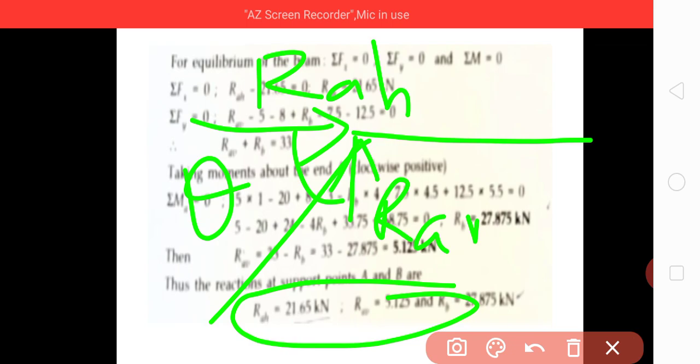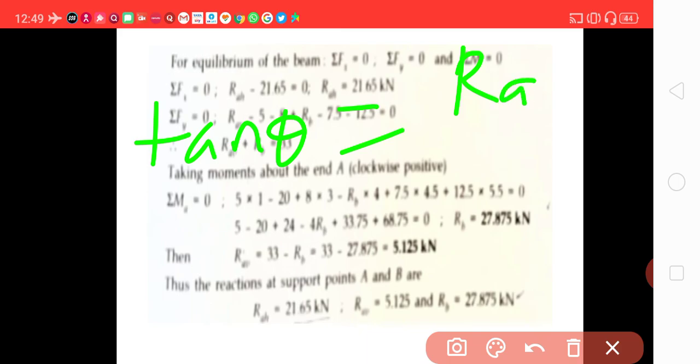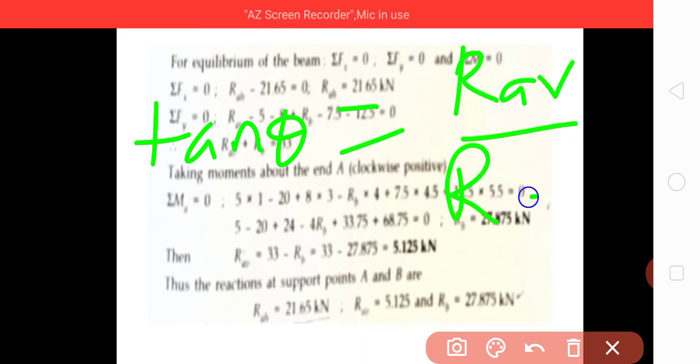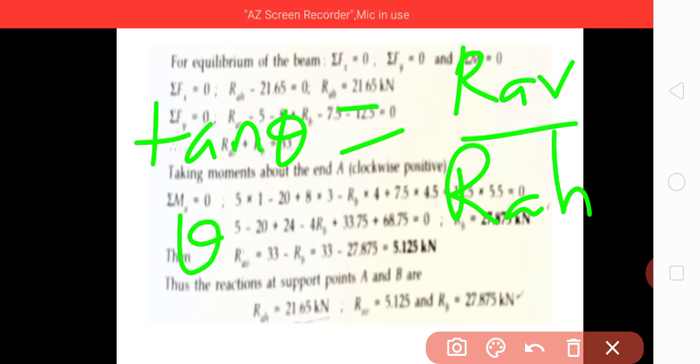This theta will be given by tan theta equal to RAV upon RAH, vertical upon horizontal. So by this we will find out theta.